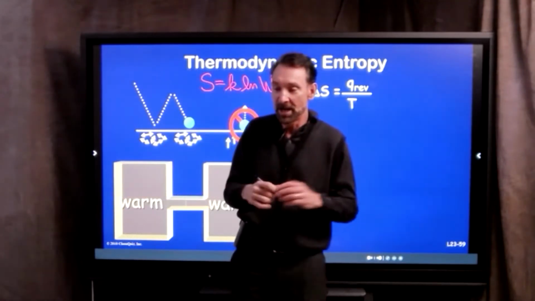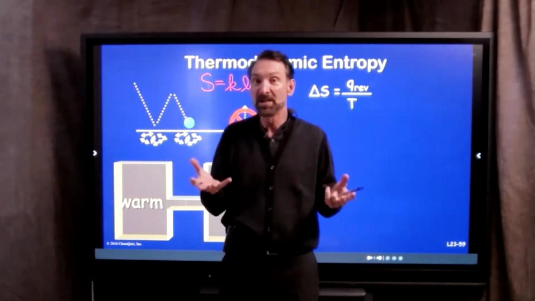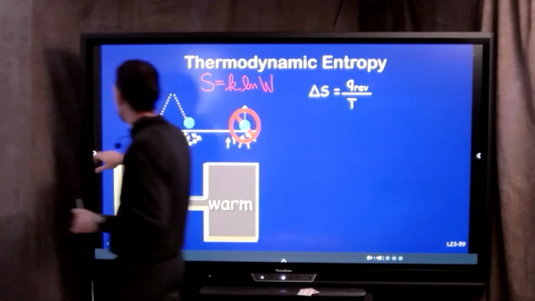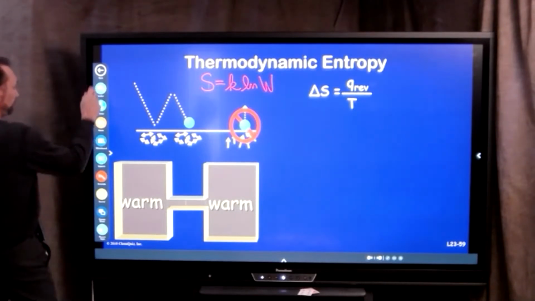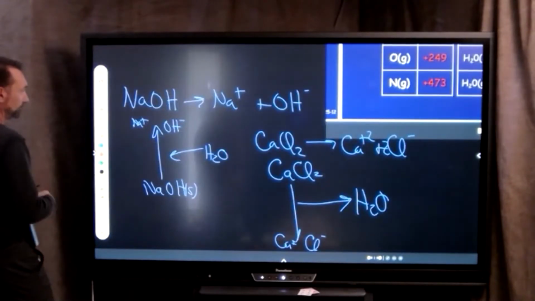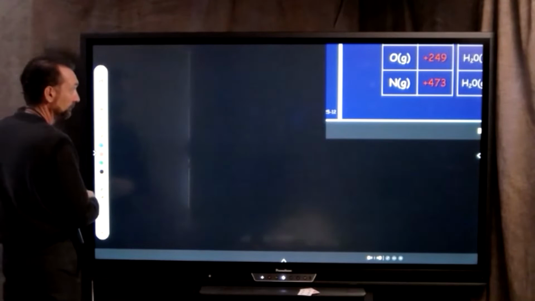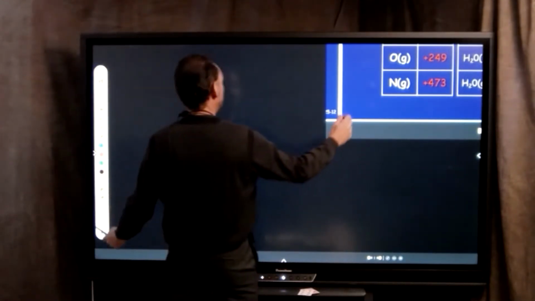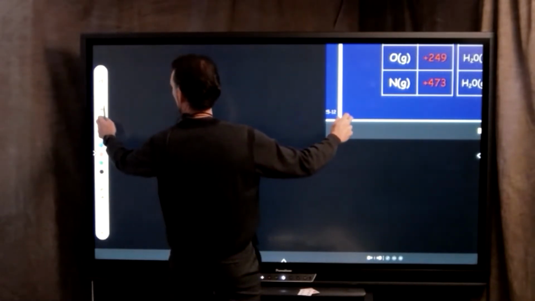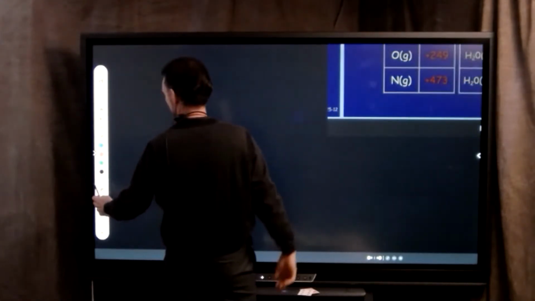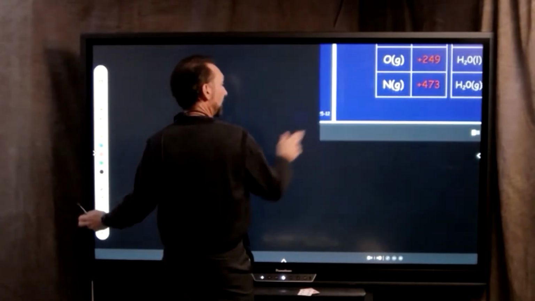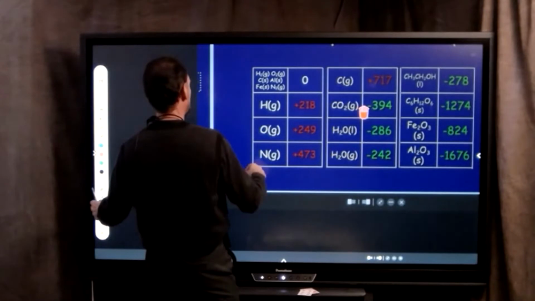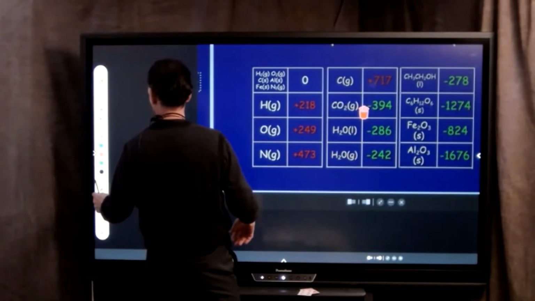Consider this: if you have a deterministic system, so if I have a ball moving through space, let's just get rid of that thing if I can. Select it, erase it.